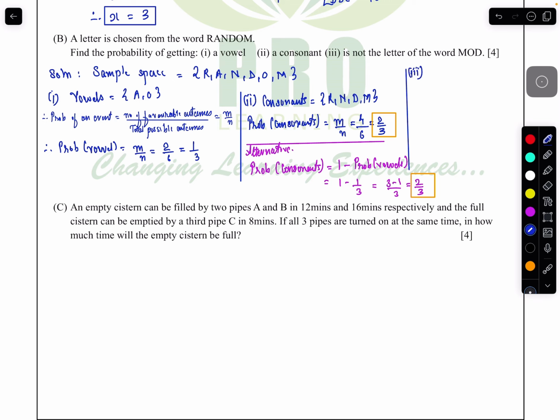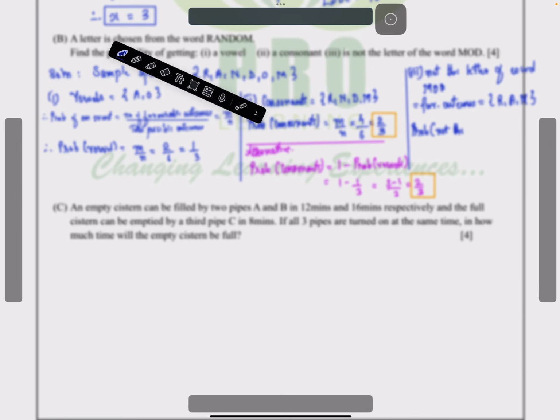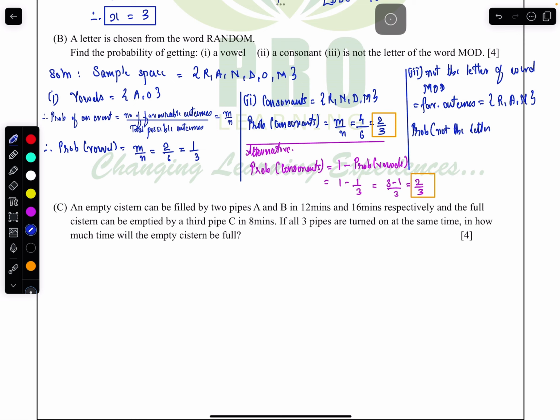So our favorable outcomes would become R, A, N. So here we are looking at the probability of not the letter of the word MOD, which is again m over n.